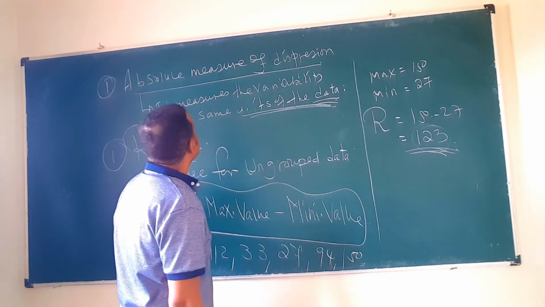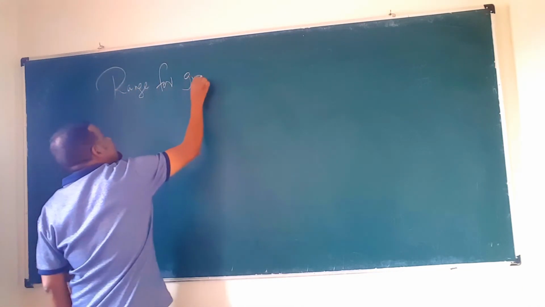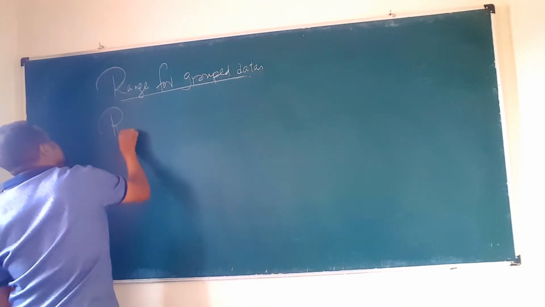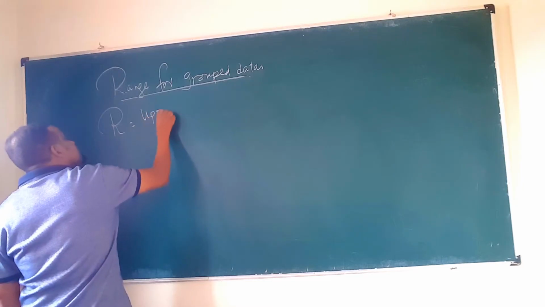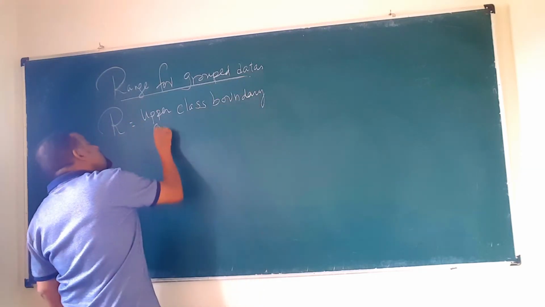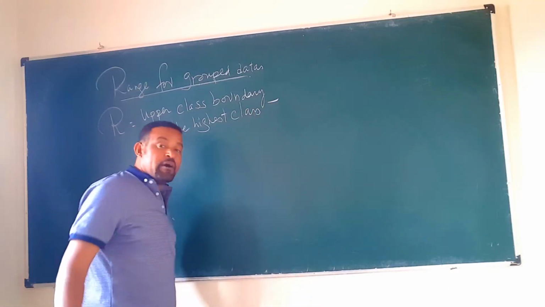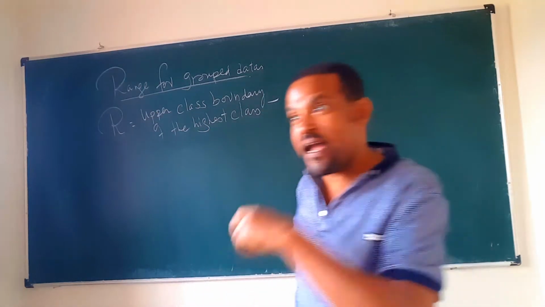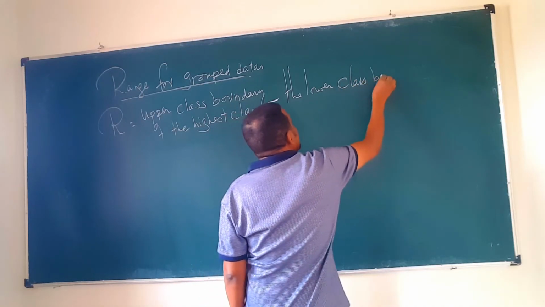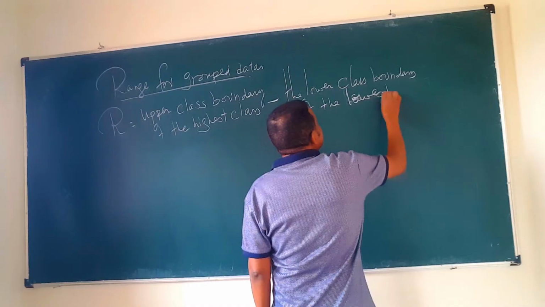What about range for grouped data? So range for grouped data is given by: range is equal to the upper class boundary of the highest class minus the lower class boundary of the lowest class.